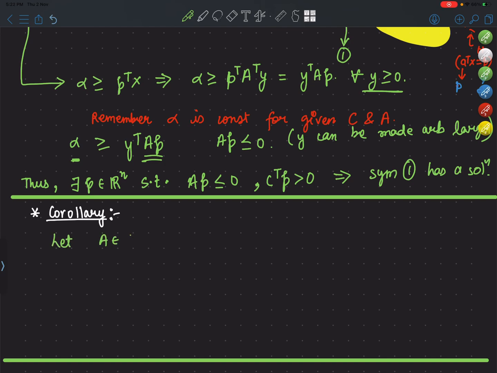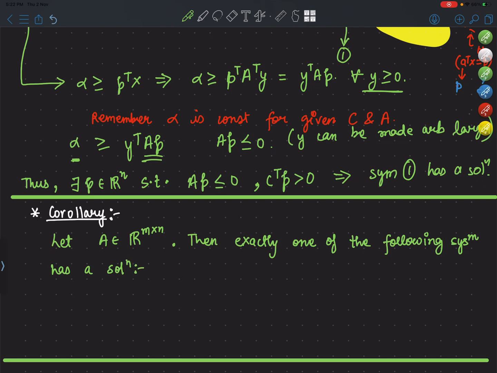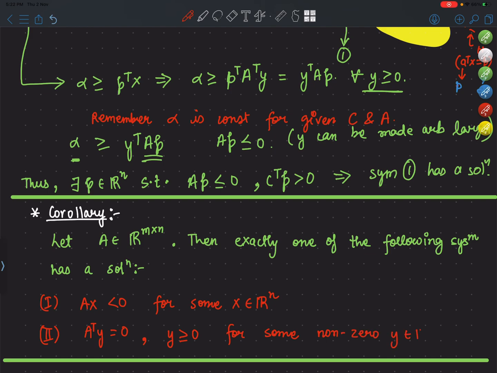Let A belong to R M cross N, then exactly one of the following systems has a solution. The first system is A X less than 0 for some X belonging to Rn, and the second is A transpose Y equal to 0, Y greater than or equal to 0, for some non-zero Y belonging to Rn. So you can see we have removed C from here.